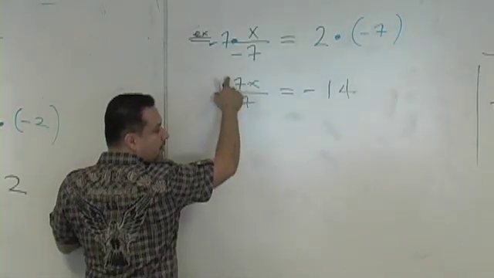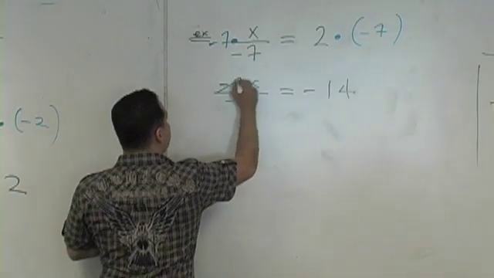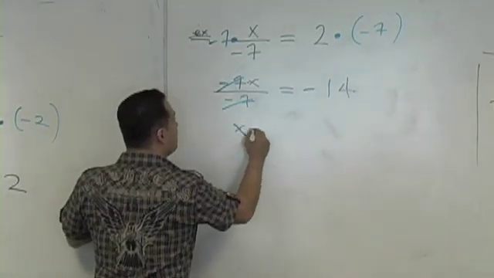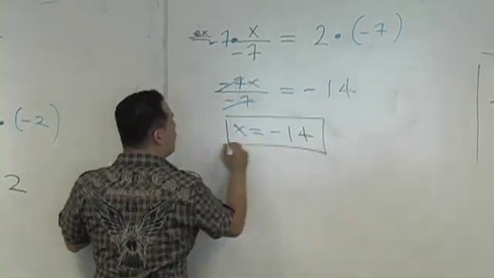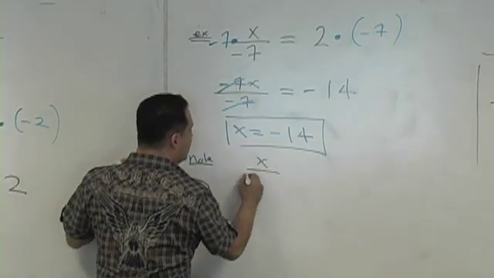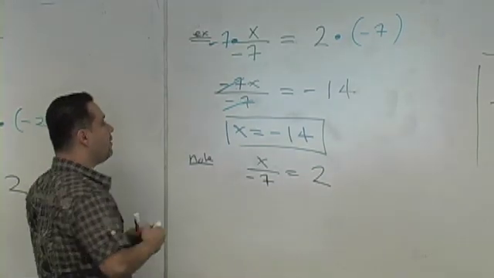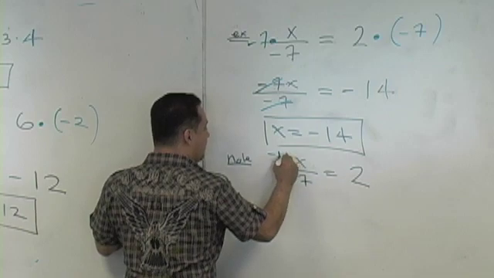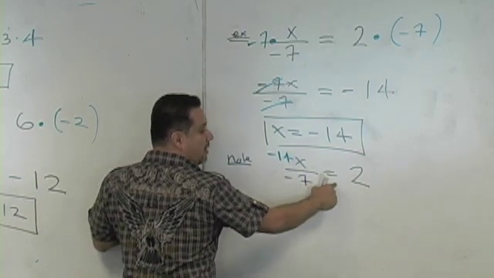What property do you use? Cancellation. Okay, you guys see how that cancellation just shows up? So then x is going to be negative what? 14. Let's double check. What does all of this madness mean again anyway? That means that when I take the value we solved here, negative 14, divided by a negative 7, isn't that a positive 2?